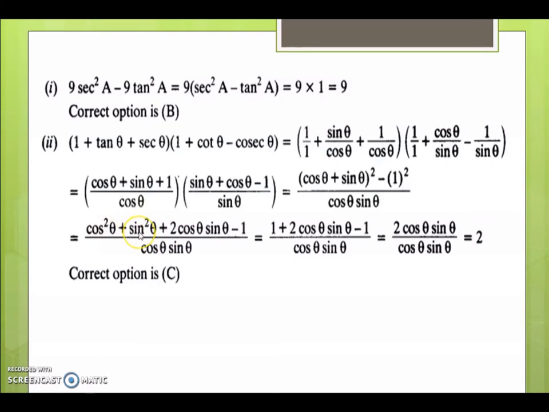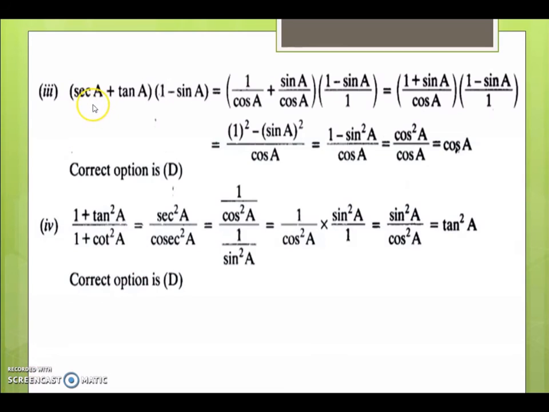Now cos square theta plus sin square theta is 1. So this one I have written as 1 plus 2 cos theta sin theta minus 1. Now this plus 1 and minus 1 will get cancelled. So you will get 2 cos theta sin theta divided by cos theta sin theta. Again cos theta I can cancel, sin theta and sin theta I can cancel. So the answer will be 2. So the correct option here is C.